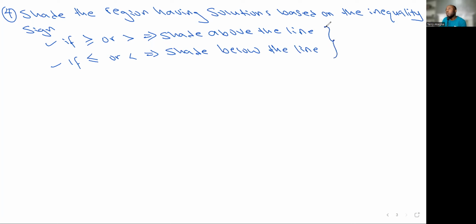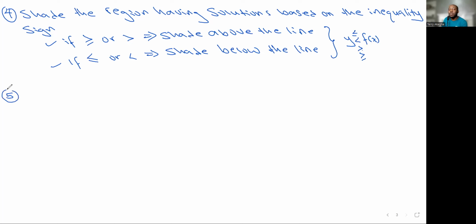So if the inequality sign you have is less than or less than or equal to, you shade below. If you have greater than or greater than or equal to, you shade above. So depending on the sign you have, that will determine the shading.